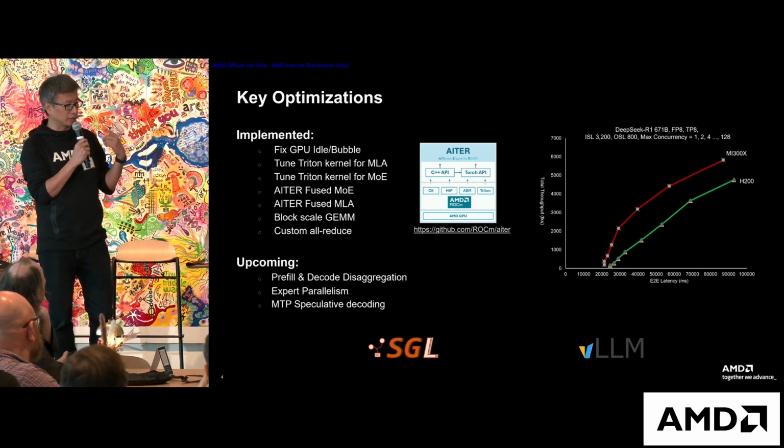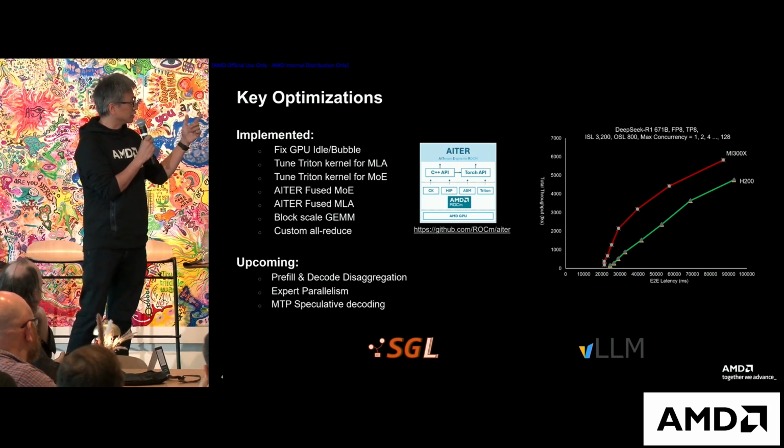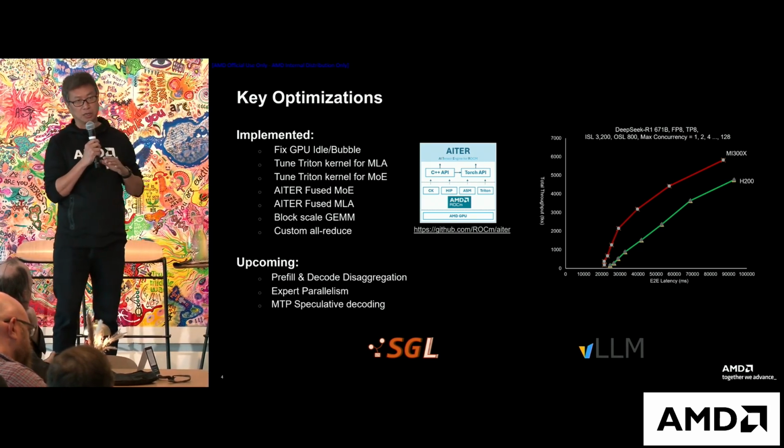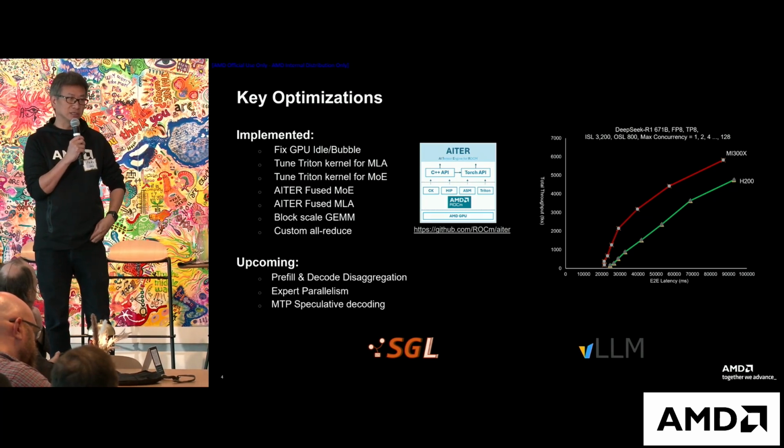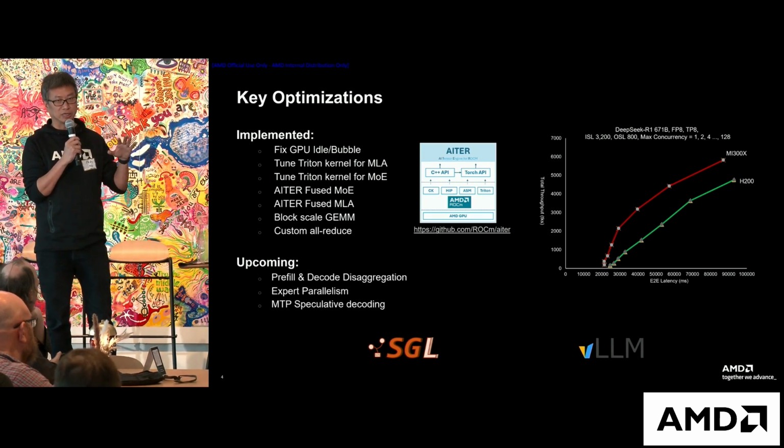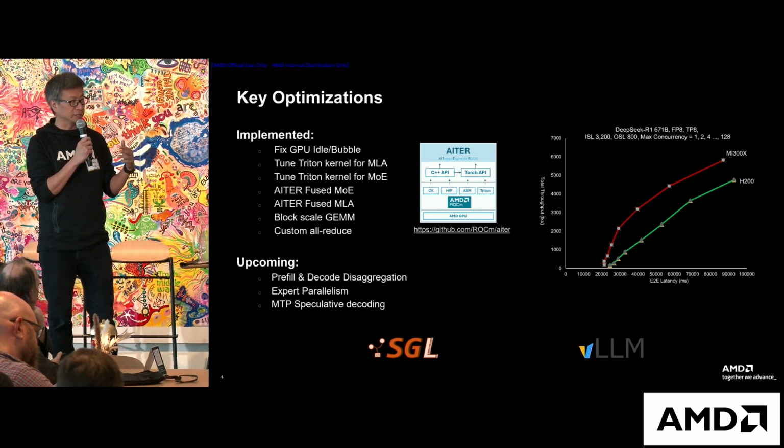We came up with a new kernel library called AITER, which is very new. We released AITER on GitHub maybe 3 weeks ago.